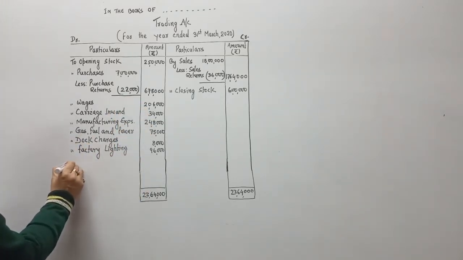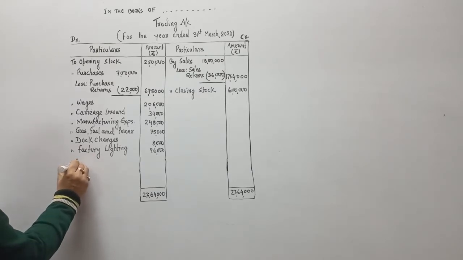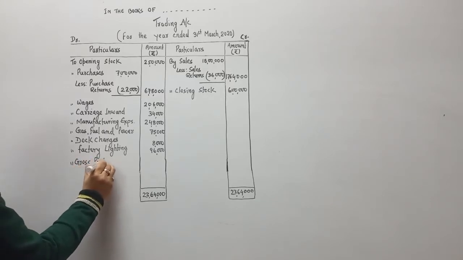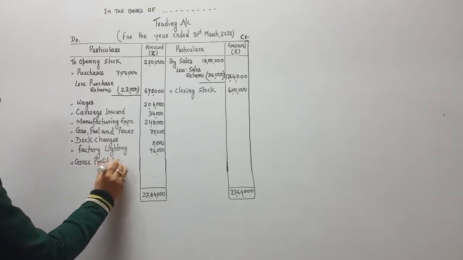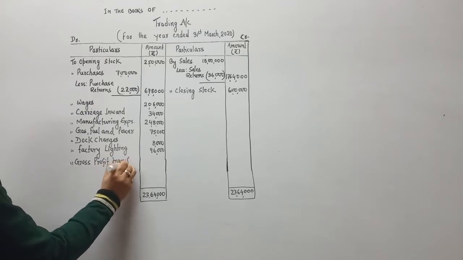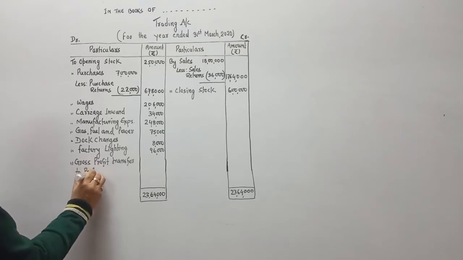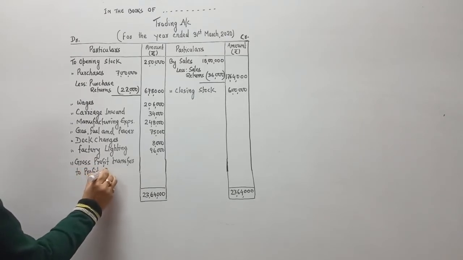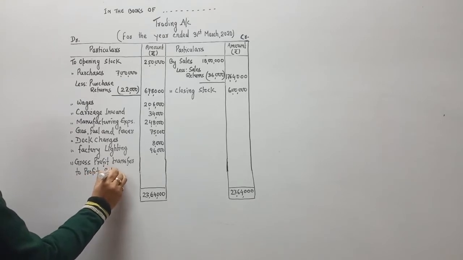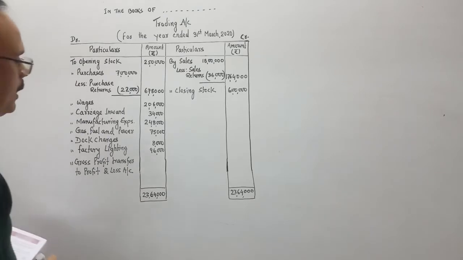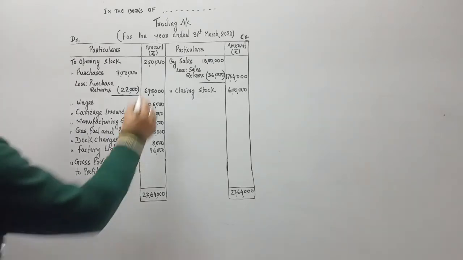So I'm going to directly write gross profit. Gross profit will be transferred to which account? Profit and loss account. Now we'll see the difference.